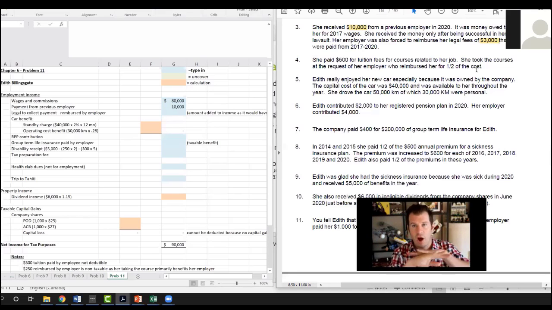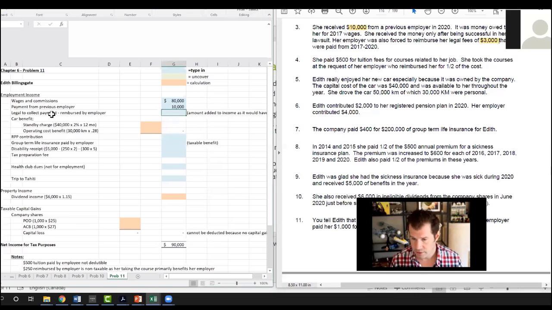It is what we call a wash. There will ultimately be no tax implications for her over the course of those years, because income goes down, income goes up. And so that's why that is included in her income. It is included because she took it as a deduction before. So now I'm going to make sure that I add that to income.